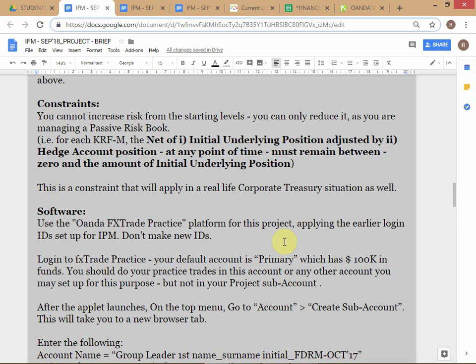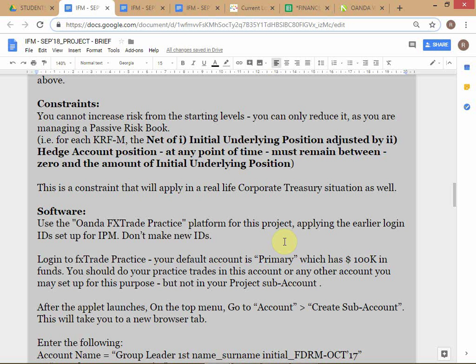Understand this rule, which applies in every hedging situation. Read the rule here, the part that is in bold, under constraints. First, read it properly. Everyone read it properly.